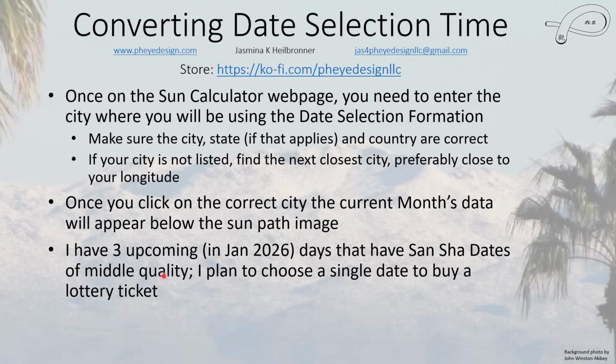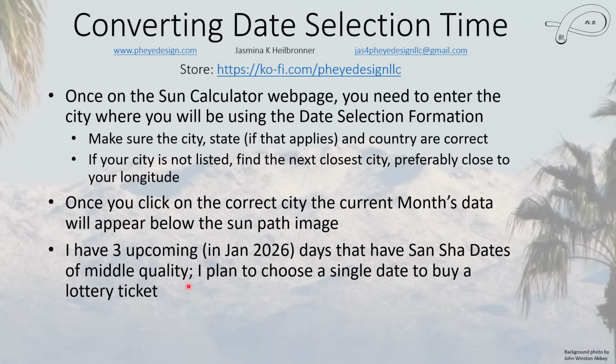I have 3 dates that are part of the Sansha windfall wealth dates. There were quite a few more dates that month, but those dates were the best ones, and they're of middle quality. My best, strongest date won't happen until I'm 99, and all the ones in my past have also passed, because there's a 60-year cycle.